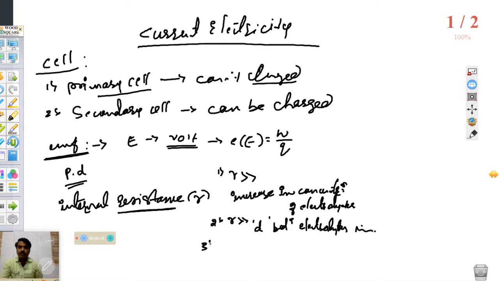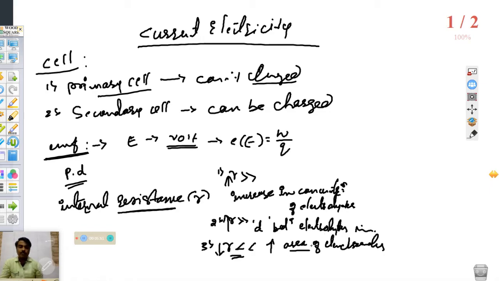And the third point: the internal resistance decreases with the increase in the area of electrodes dipped in the electrolyte.